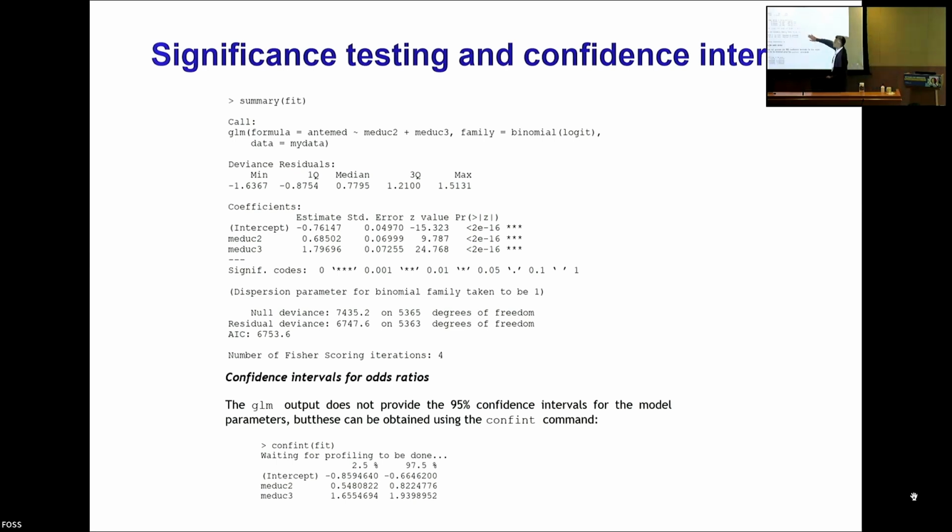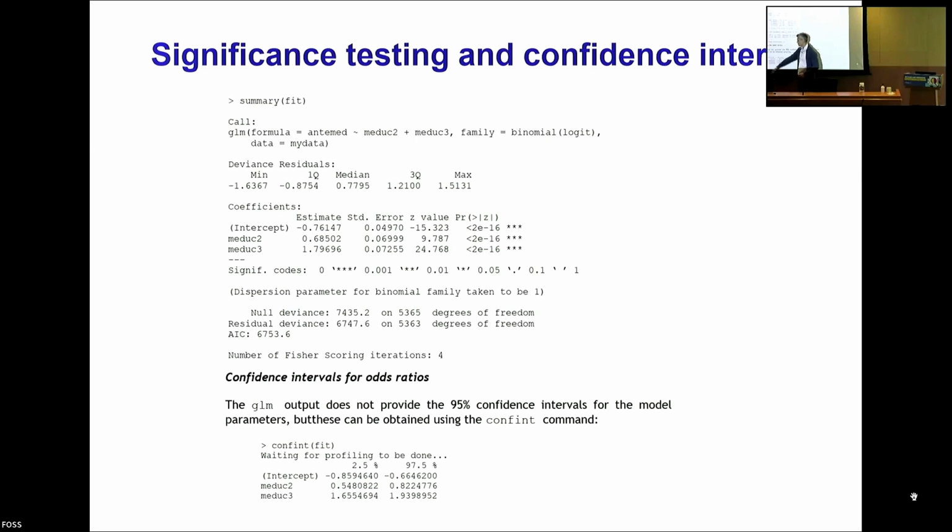So for the significance tests, you can look at the z value, and it's highly significant, with very small p-values. Then we can construct confidence intervals around the logits. Remember, we get these logits. To construct a confidence interval, it's just a logit plus or minus about 2 times the standard error.